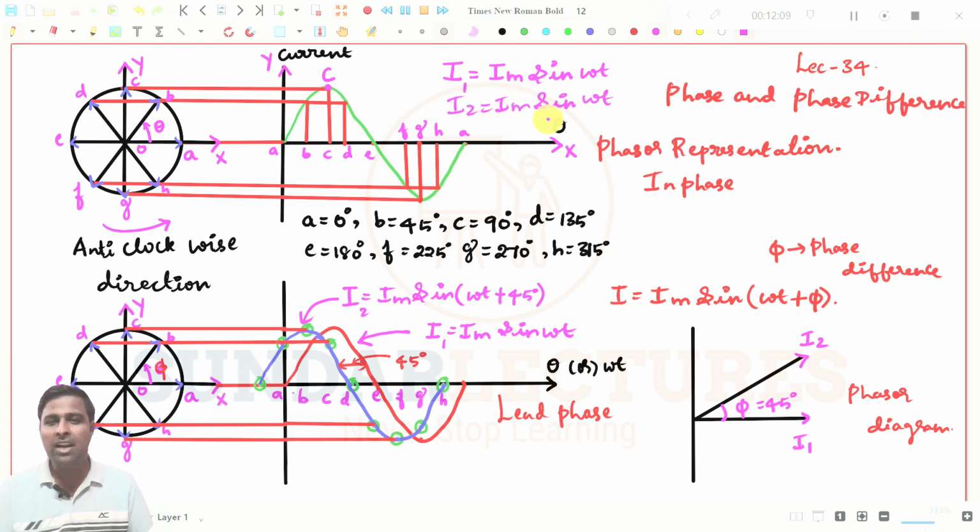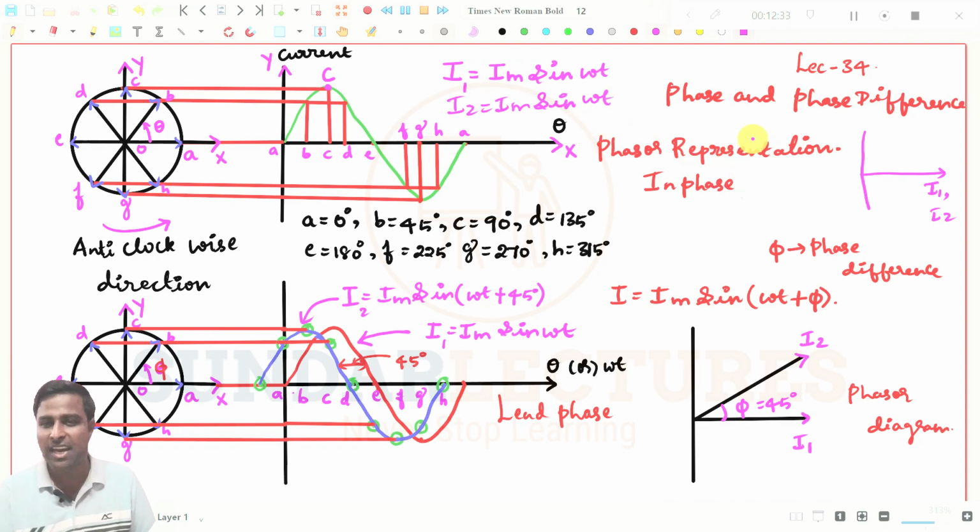See, I1 and I2 are same values. Then what happens? I2 will be also coming like this. See, there is no phase difference. And if you want to draw the phasor diagram, what happens? So if this is I1, then I2 will be same. So what is the phase difference between these two?